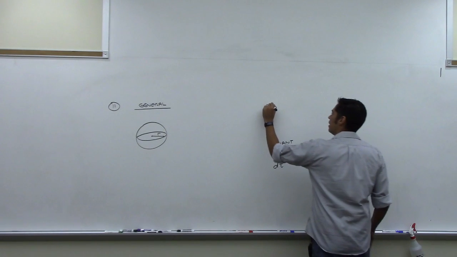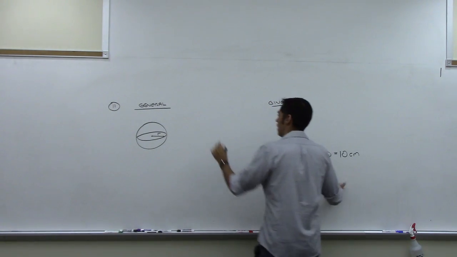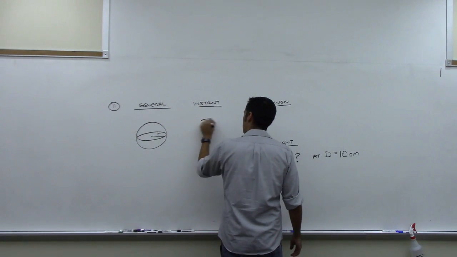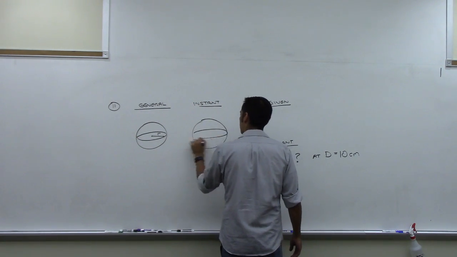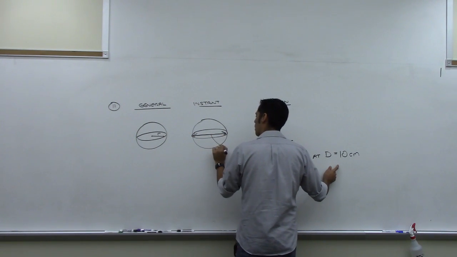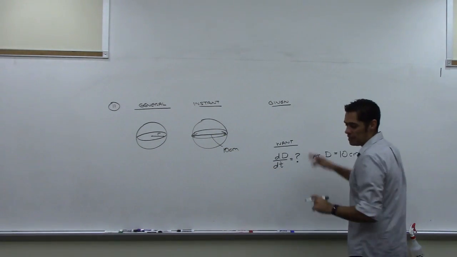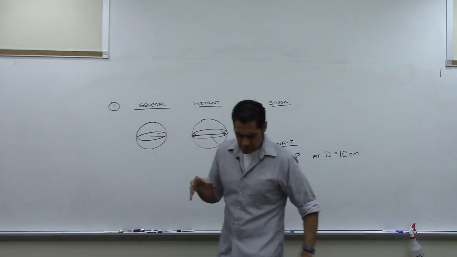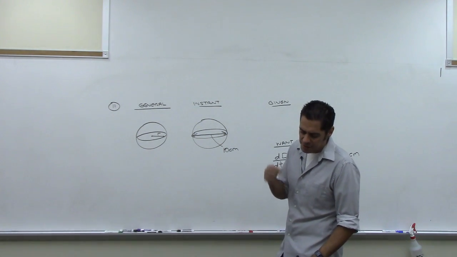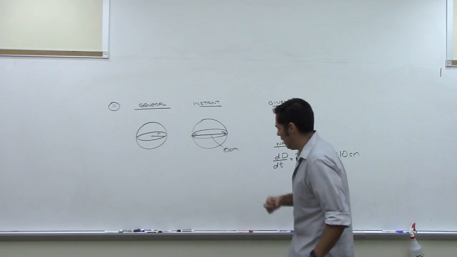And what I'm given in the problem, and I could draw my instant in time now, because at the instant in time, I know that this snowball has a diameter all the way across of 10 centimeters. That's the instant in time. But I'm given that just the way it melts, its surface area is decreasing at a rate of 1 square centimeter per minute.